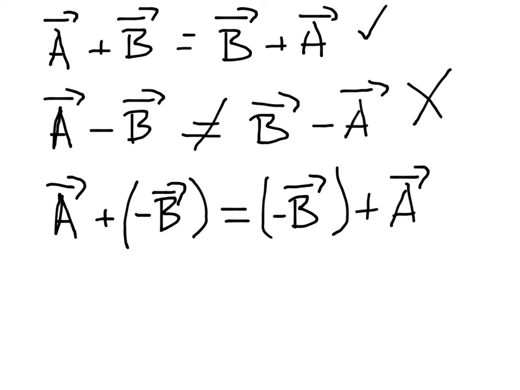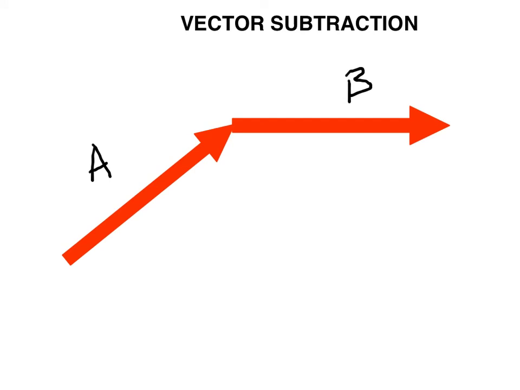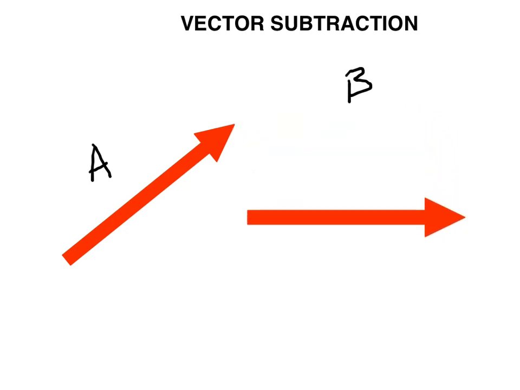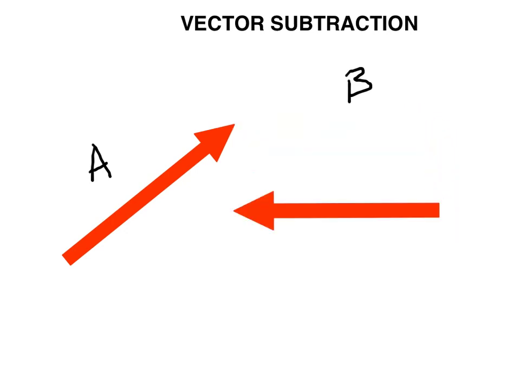And I'll show you real quick, all you have to do to make it negative is change the direction of the arrow. Okay, so here I've labeled our two vectors A and B. And I want to subtract B from A. So that means I have to turn B into negative B. So to do that, all I'm going to do is take it and change its direction.